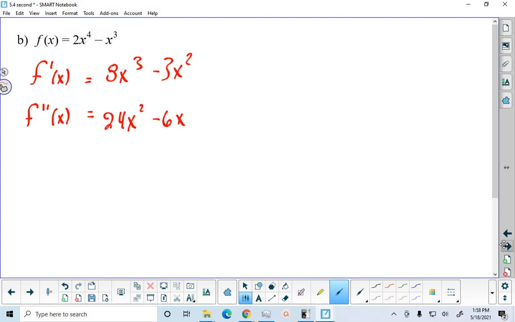Please double check my work there. I think it's fine. I'm not a big fan of working left to right, but I'm going to do so anyway. Can factor out a 6x out of the second derivative.